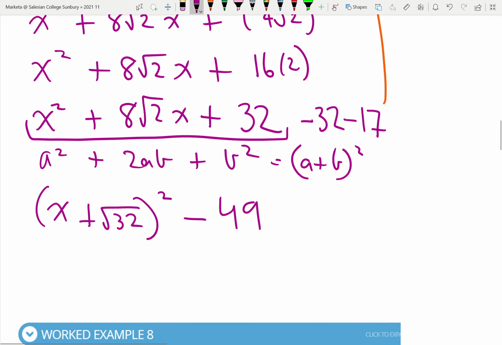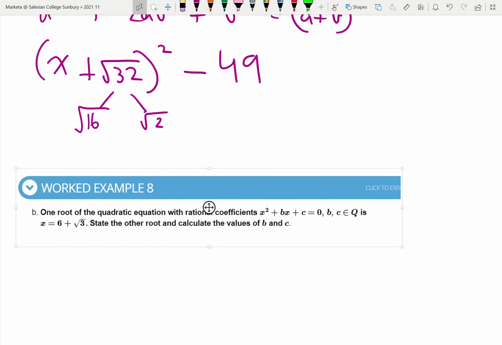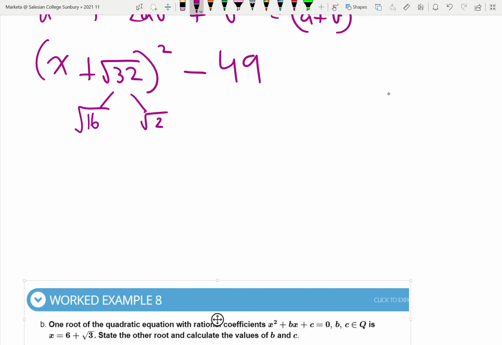And I reckon we can simplify that root 32. We certainly can. So let's see, 16 times 2 is 32. So that means we've got x plus, this is 4, and this is root 2. So those two come to 4 root 2 squared minus 49.